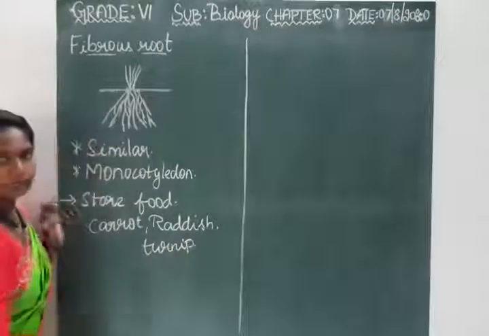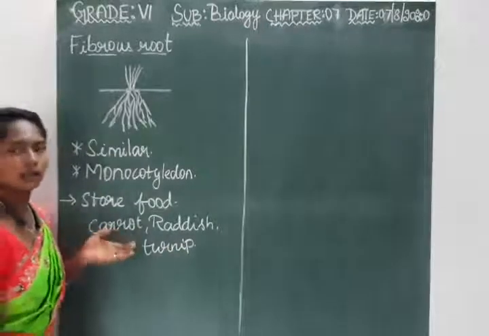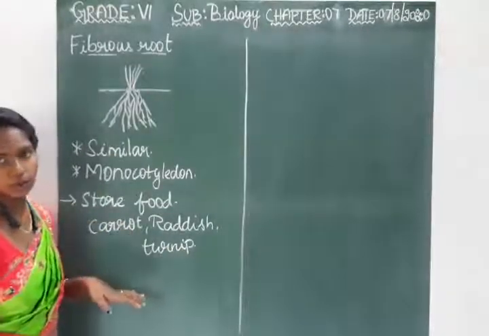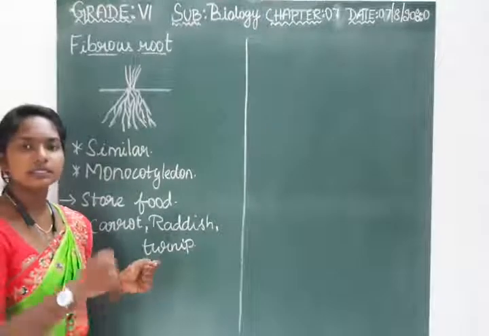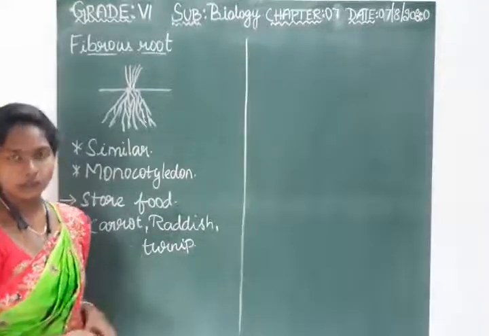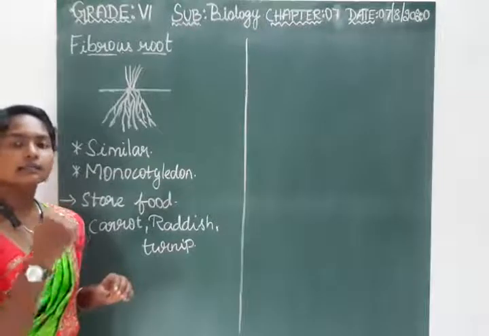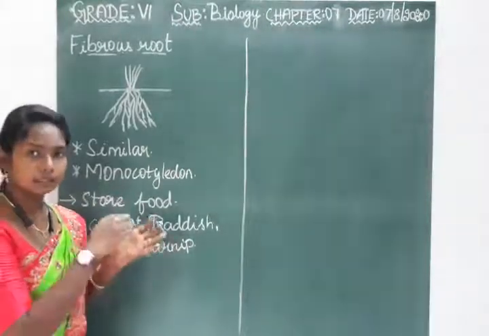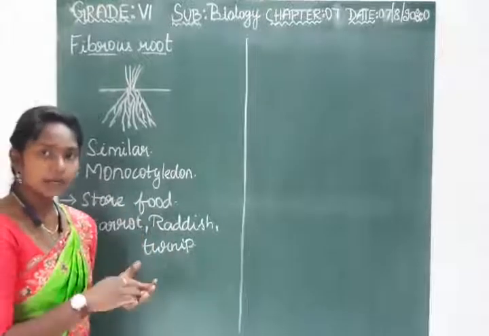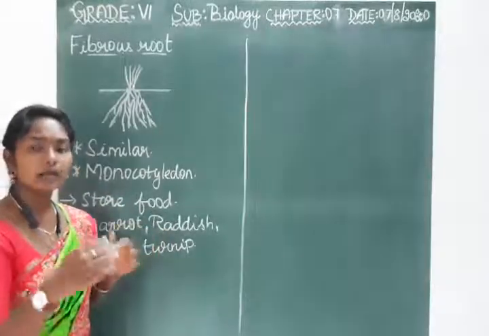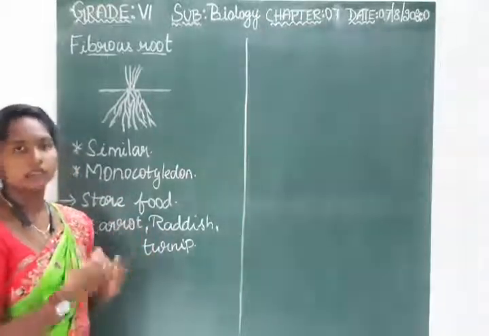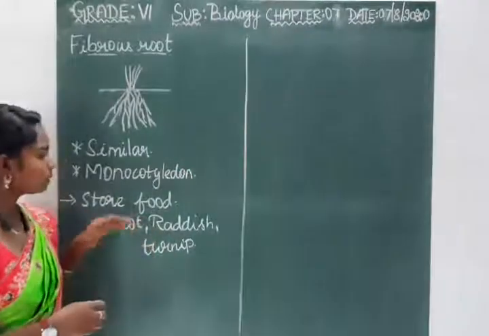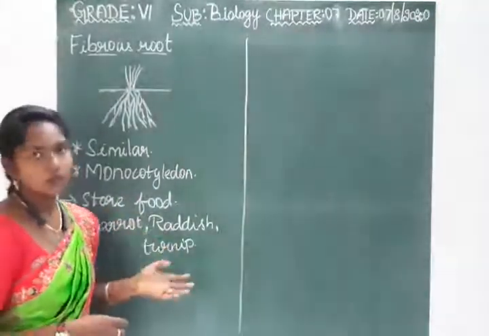These are some of the examples in which the root stores the food. The stem conducts the food and the water. Water moves only in the upward direction, and the food is prepared in the leaf. It also travels upward and downward in the plant. That's why it can be stored in the root.